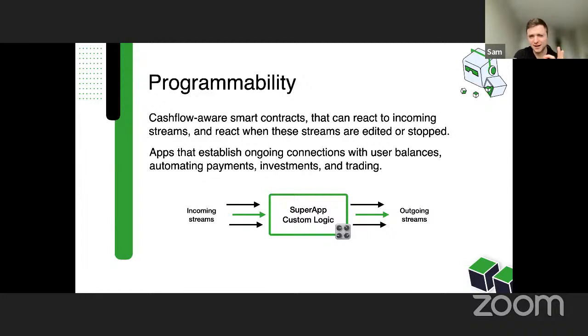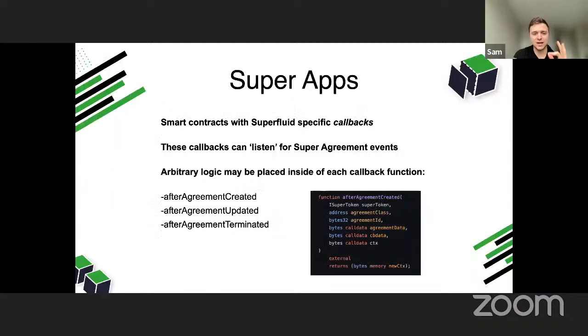And again, the thing to highlight here is that you can place arbitrary logic inside of these callbacks. You can place logic inside of this after agreement created callback, so you can listen for a stream that's created into the contract. Same thing for after agreement updated or after agreement terminated, which will listen for when the stream is deleted.